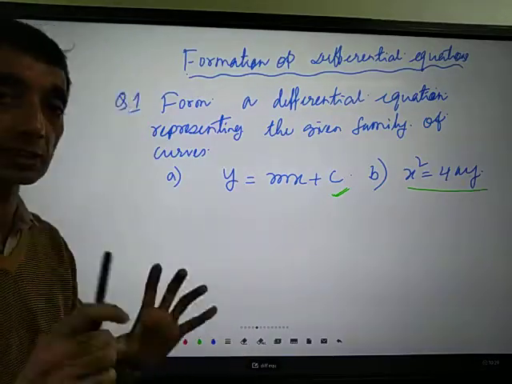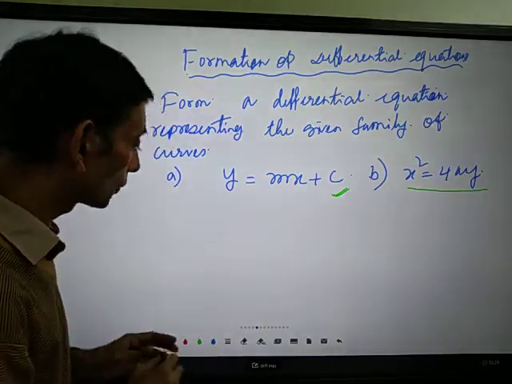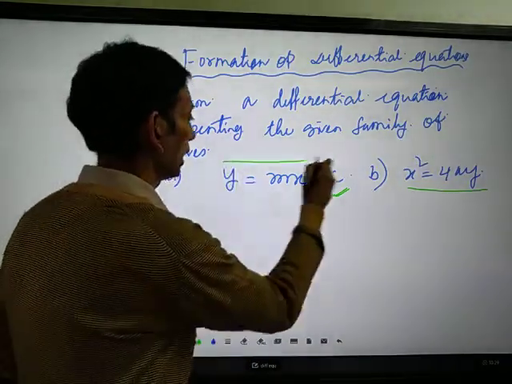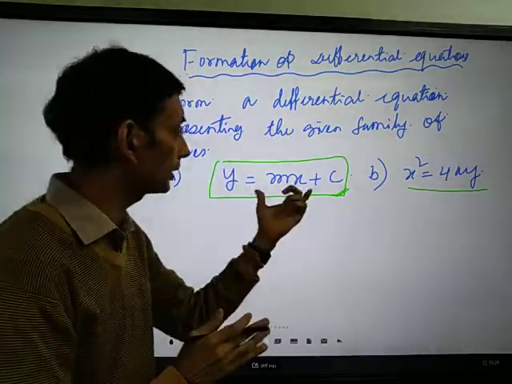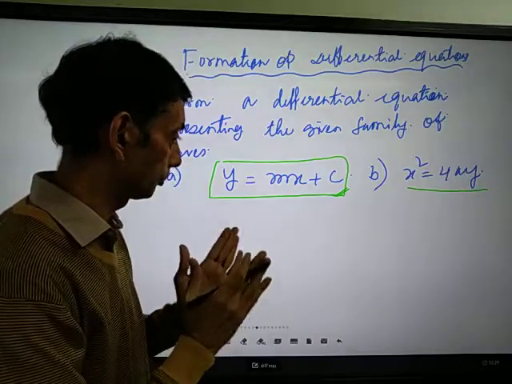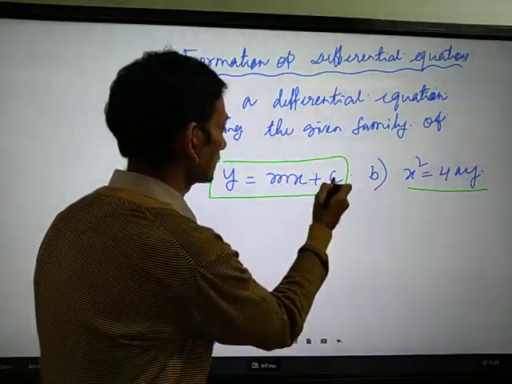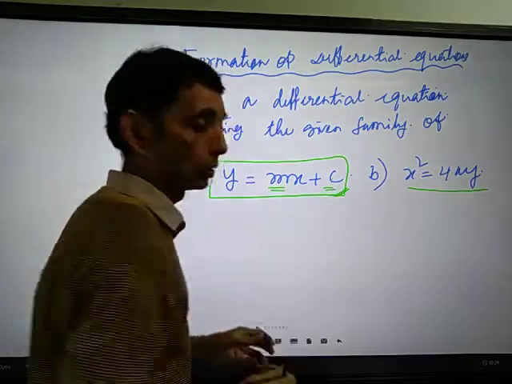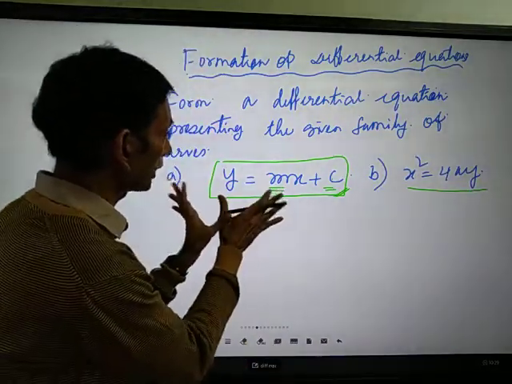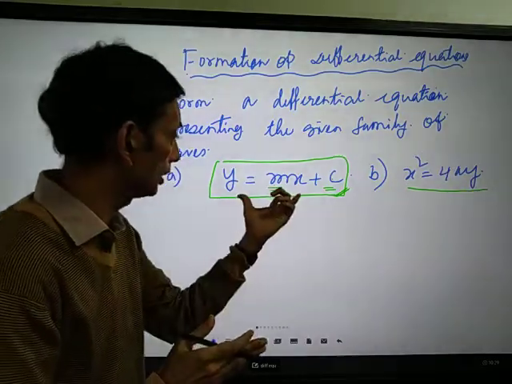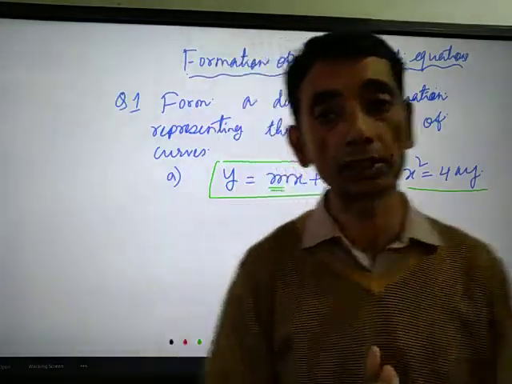So what is a simple technique to form a differential equation? Now to form a differential equation from a family of curves, we need to see how many arbitrary constants, how many parameters are there. Here we've seen that m and c are two arbitrary constants. So we'll try to differentiate this particular equation and remove the two arbitrary constants.